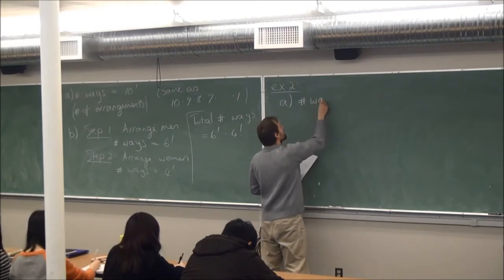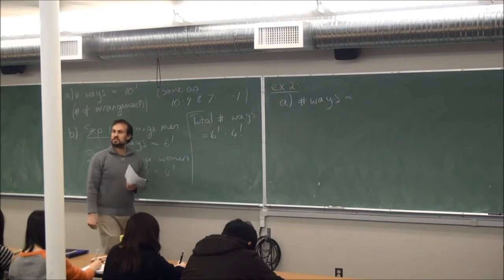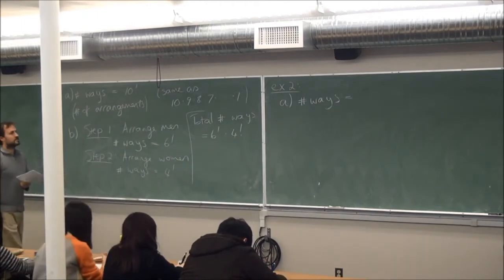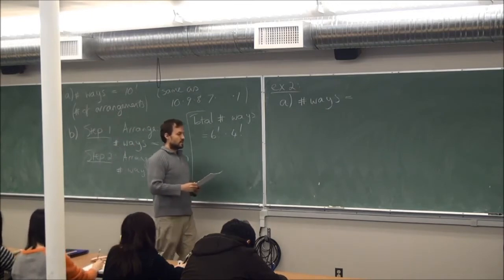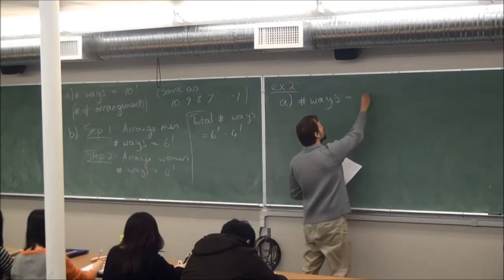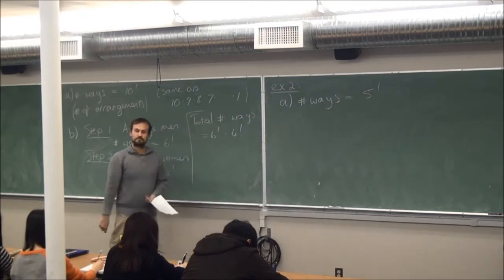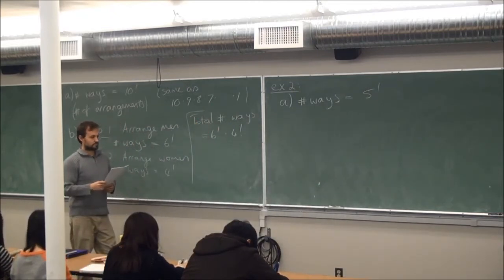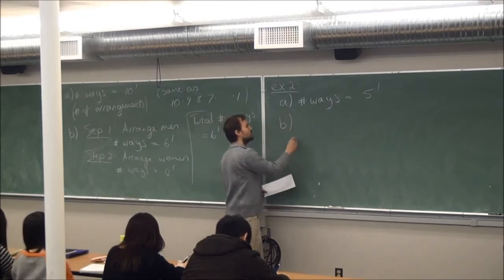How many ways can I arrange these letters if there's no additional restriction? There are 5 of them, 5 factorial. They're all different, like people, 5 factorial. Everyone happy with that?